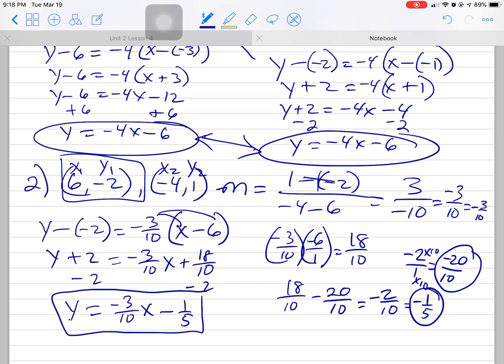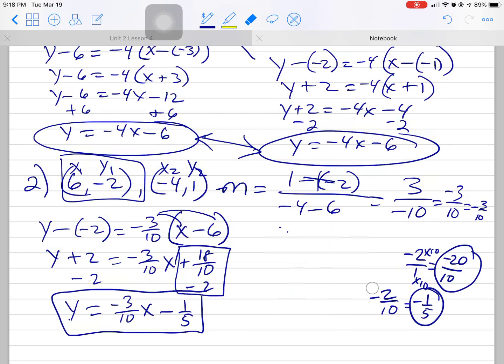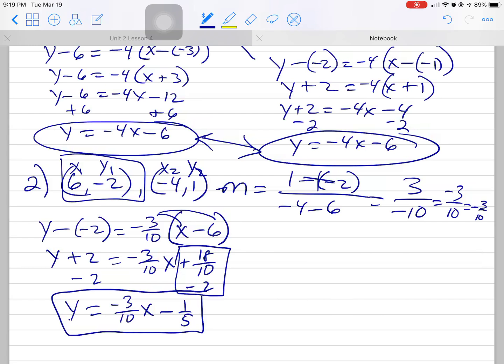So feel free to do stuff off to the side, okay? I can see what you're trying to do. This is a positive 18 divided by 10. Let's see what it would look like if I did clear the fraction. Hang on. So where I would clear it would be here. y plus 2 equals negative 3/10x plus 18 over 10.